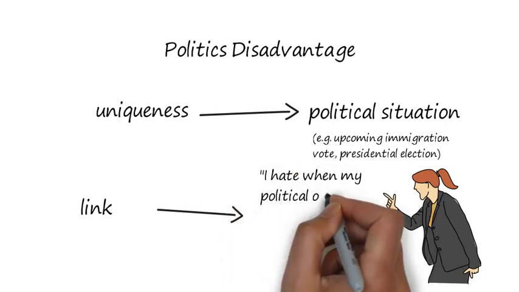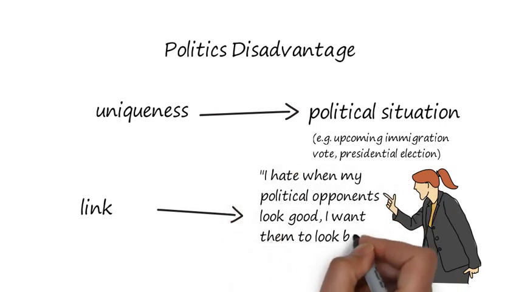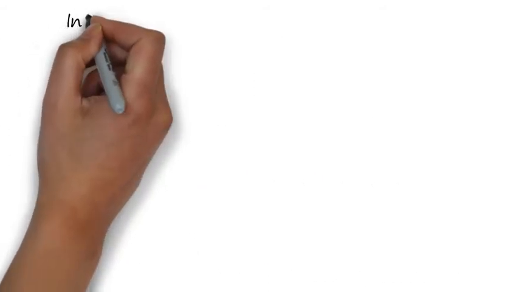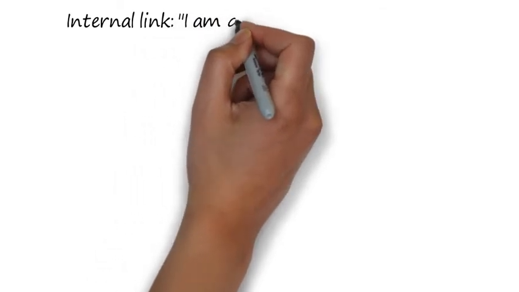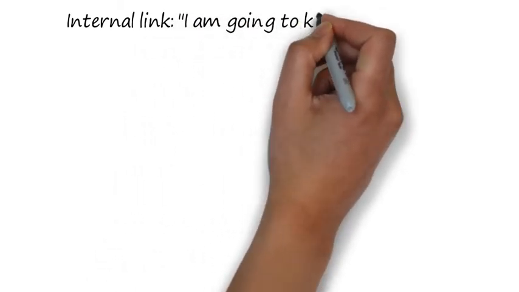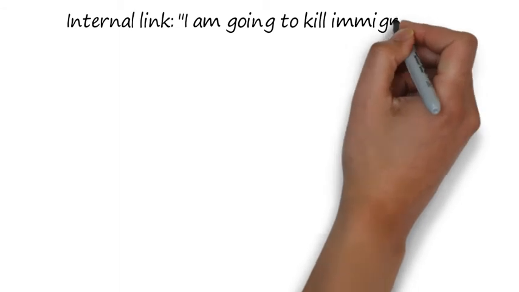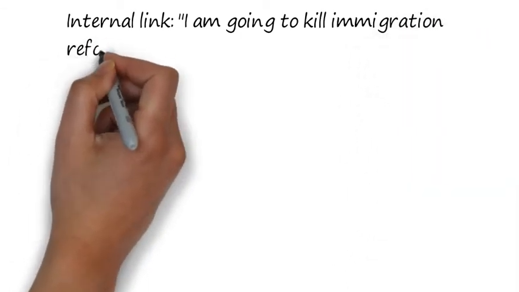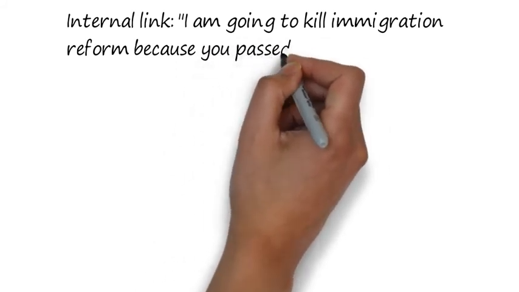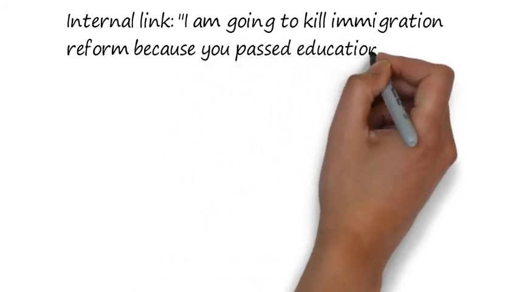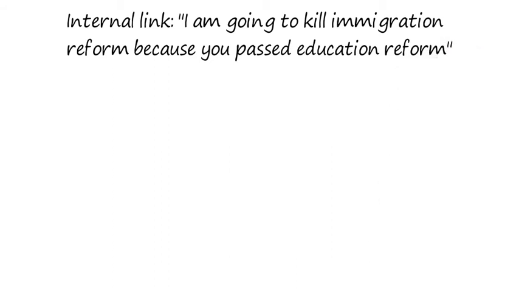The internal link describes what these political opponents do in response to the passage of the plan. So in response to sweeping educational reform, the opponents to reform push hard to kill immigration. This might sound a little childish, and it is, but in debate terms, many people like to explain that politics is a zero-sum game, or that for every winner, there is a loser.